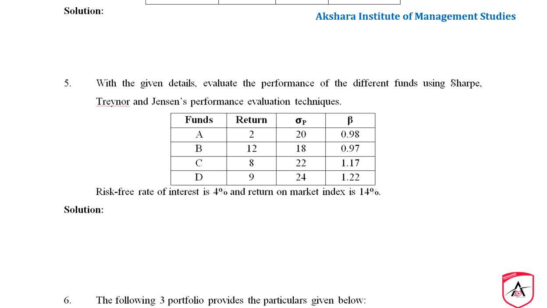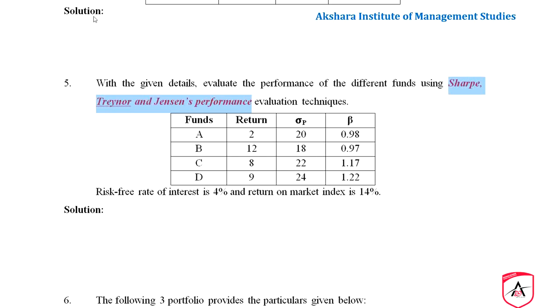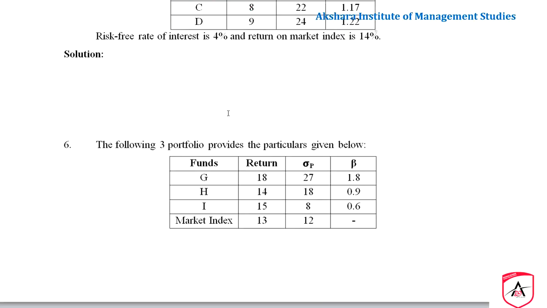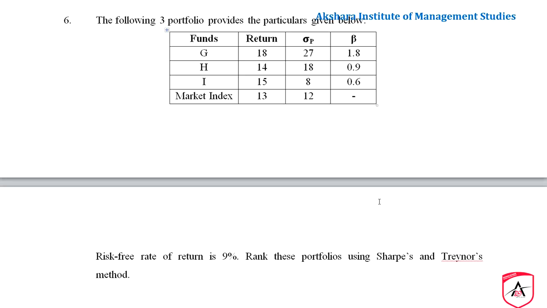But for the 5th question, I want you to calculate for all 3 methods: Sharpe, Treynor and Jensen's performance. Similarly for the 6th question, you should calculate for only Sharpe and Treynor's method.